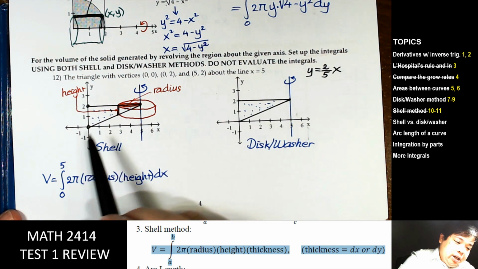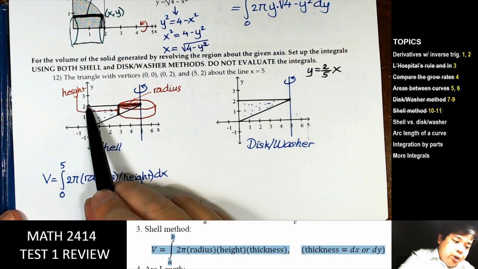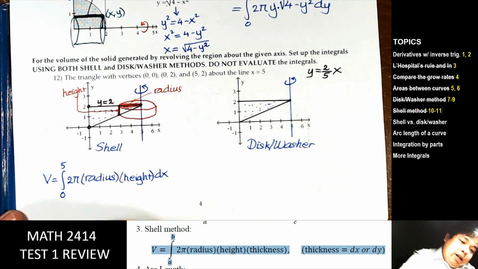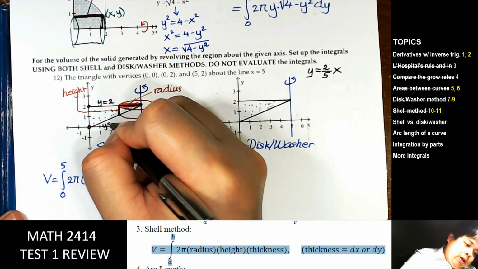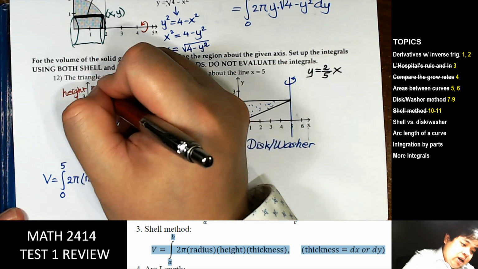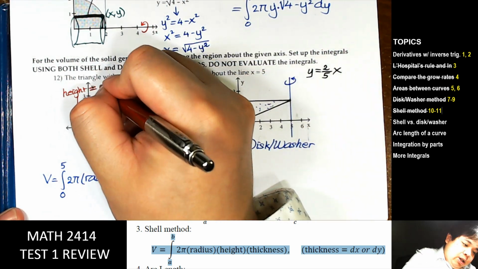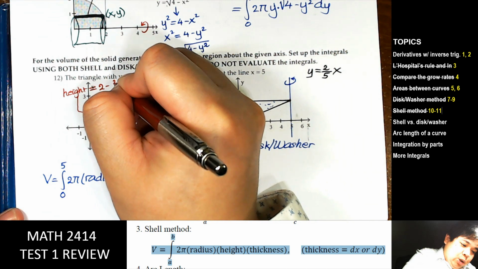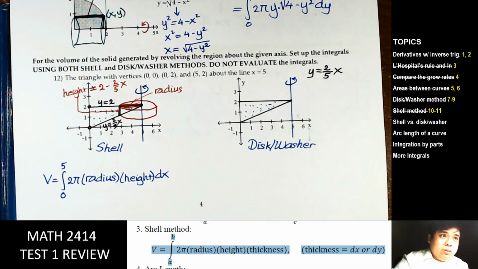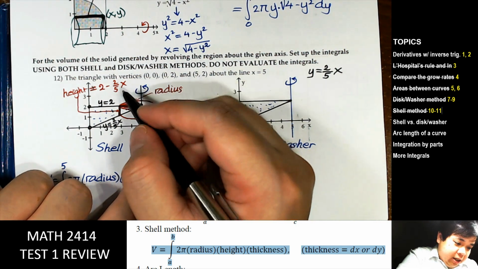So the height will be y equal to 2 on the top, and y equal to 2/5 x at the bottom. The height is the difference of those two: 2 minus 2 over 5x. That is the height.